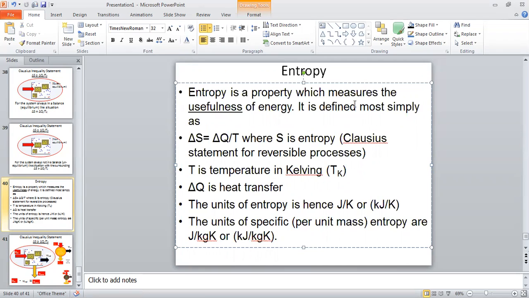This is about entropy, and this is for reversible processes.